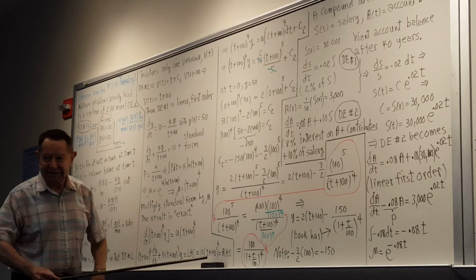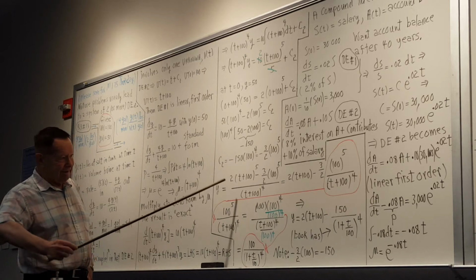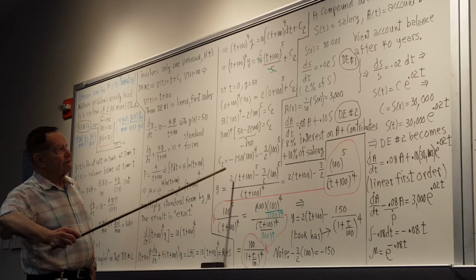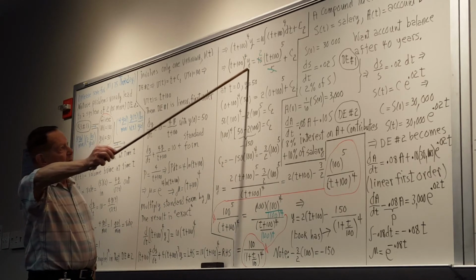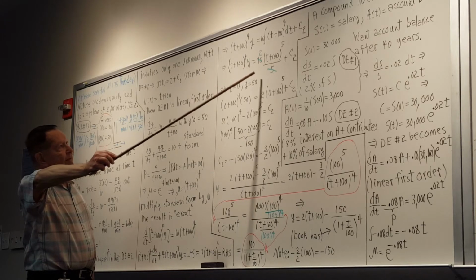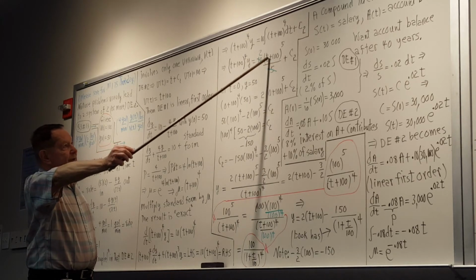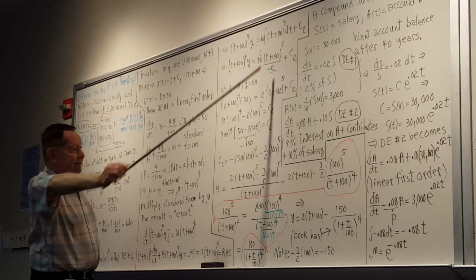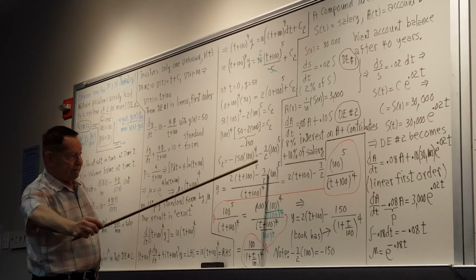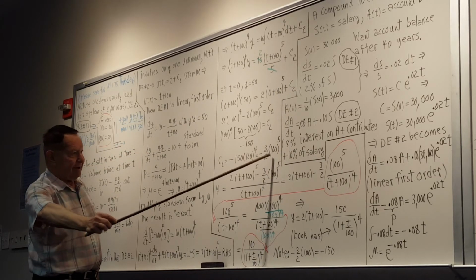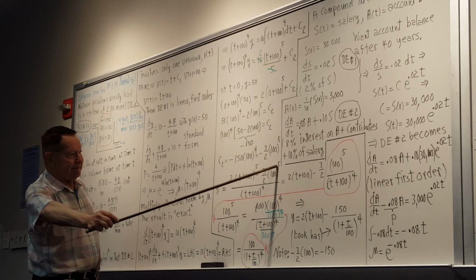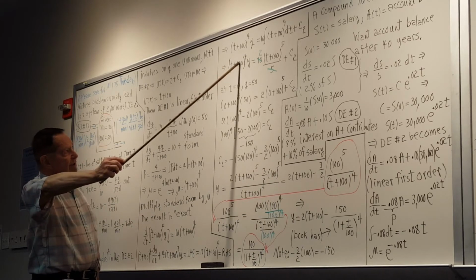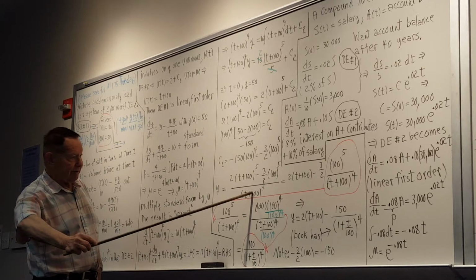They've done a lot of messing with this algebra, with these numbers. So then finally, our y from back here is the 2, t plus 100 to the fifth, plus the constant, which is what we have here, minus 3 halves 100 to the fifth, over t plus 100 to the fourth.